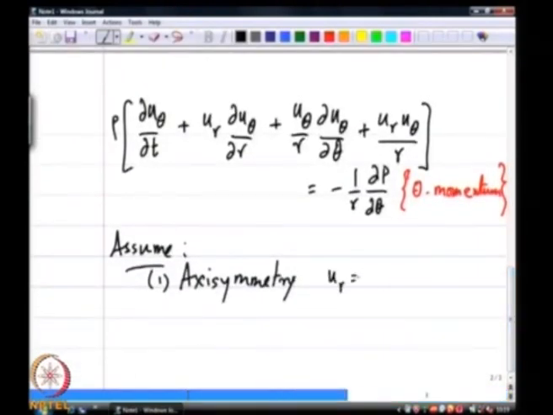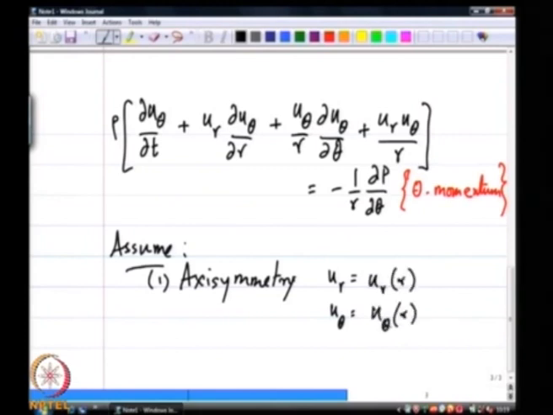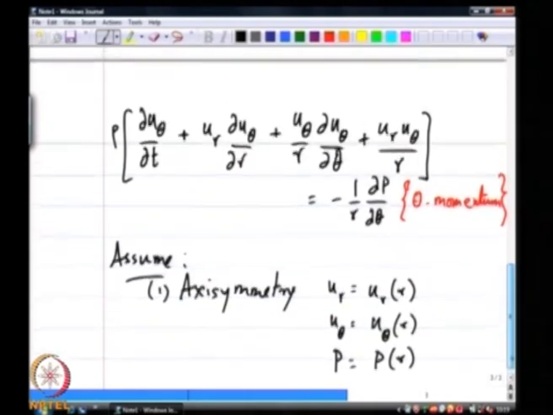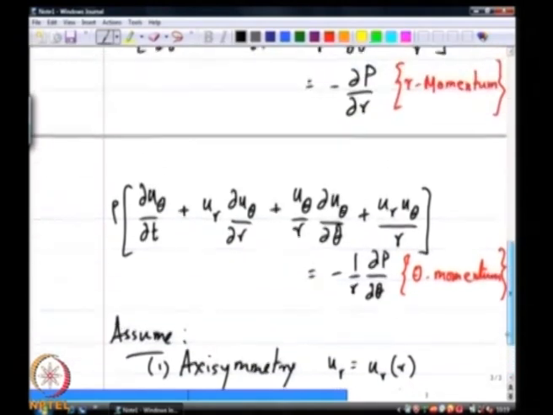Let us say u r is only a function of r, u theta is only a function of r, and P of r.